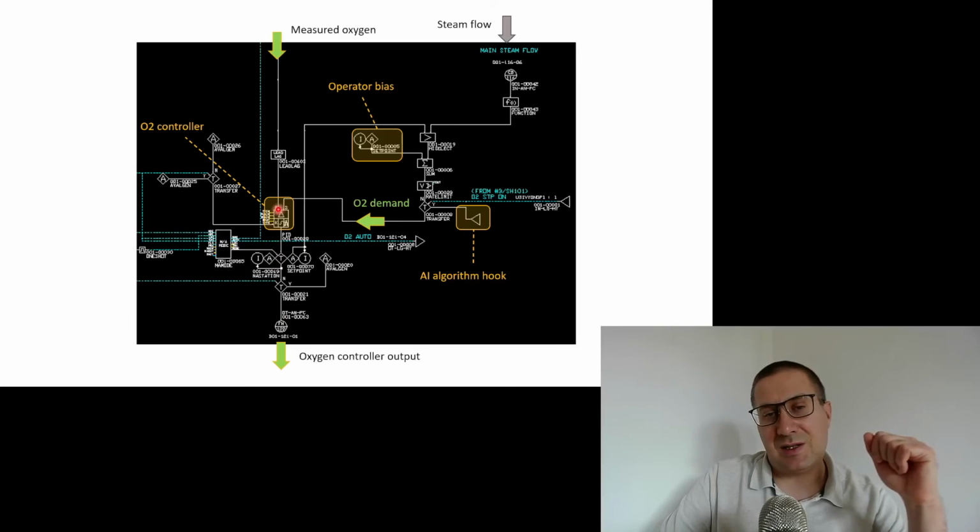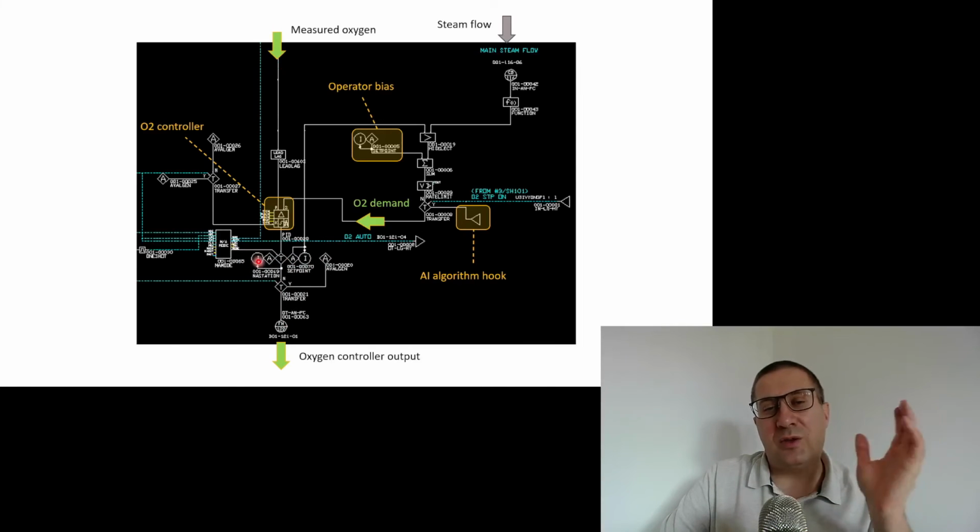If there is too much oxygen, it decreases the control signal. Here we have the manual auto station, so if the operator is not happy with the operation of this part of the control system, he can switch to manual mode and manually decide the value of the control signal.